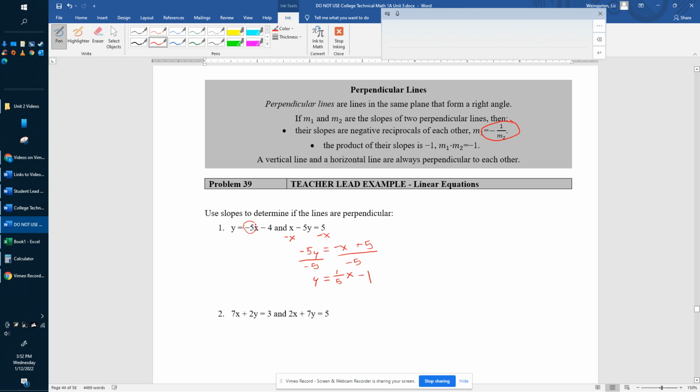Now, we have a -5 here, a positive 1/5 here. If we multiply these two together, do we get -1? Yes, we do. So these two slopes, these two lines are perpendicular.